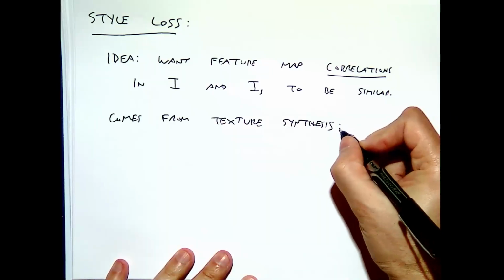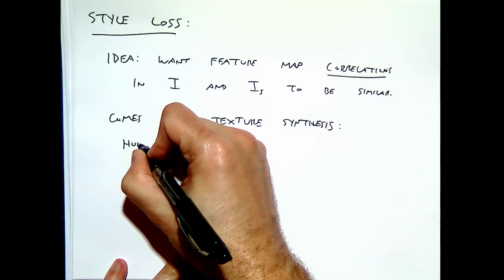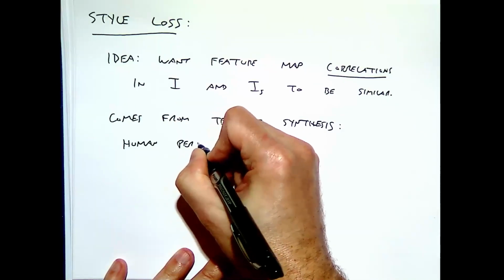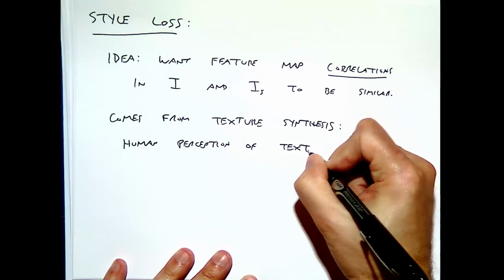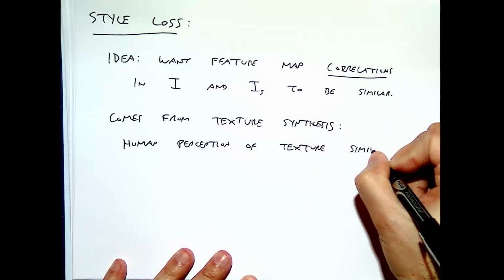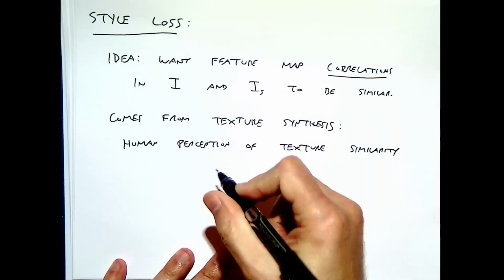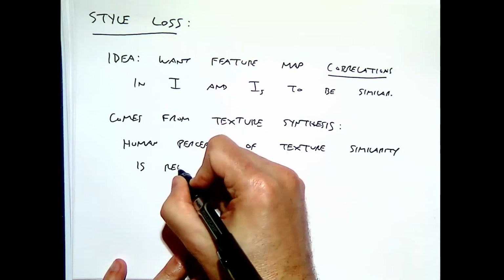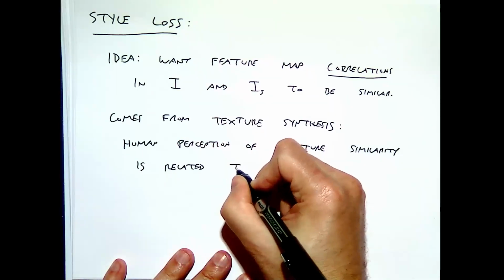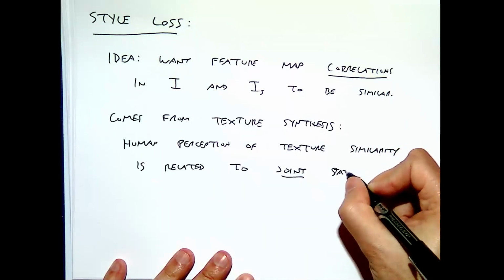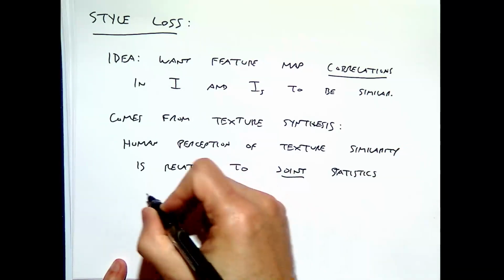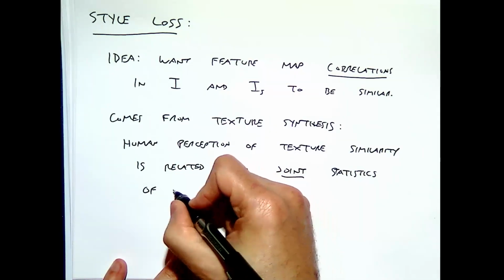So the idea is that human perception of texture similarity is related to joint statistics or co-occurrences of different features.